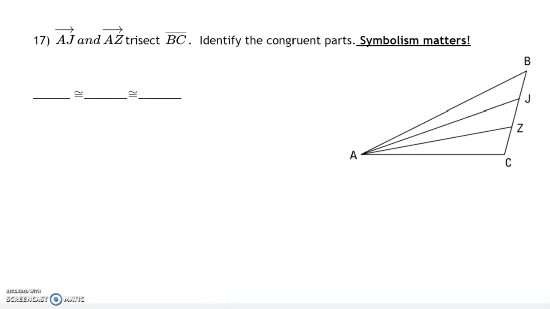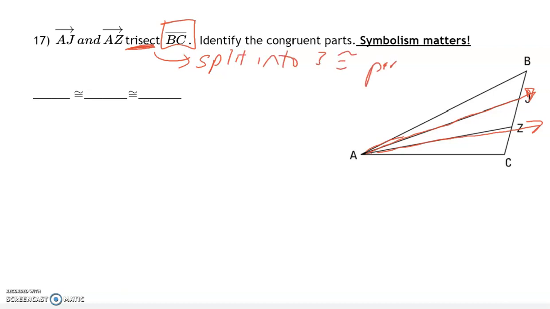Let's look at the last problem, number 17. Rays AJ, which I'll highlight in red, and AZ trisect segment BC. Trisect means to split into 3 congruent parts.